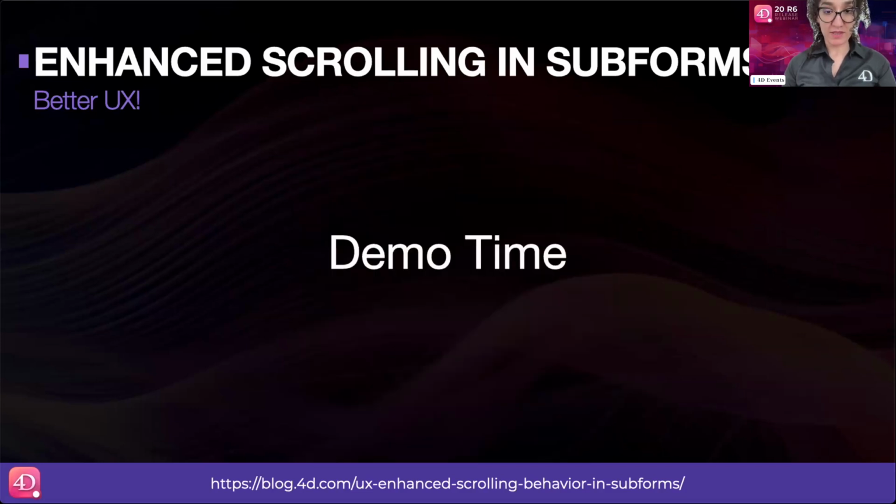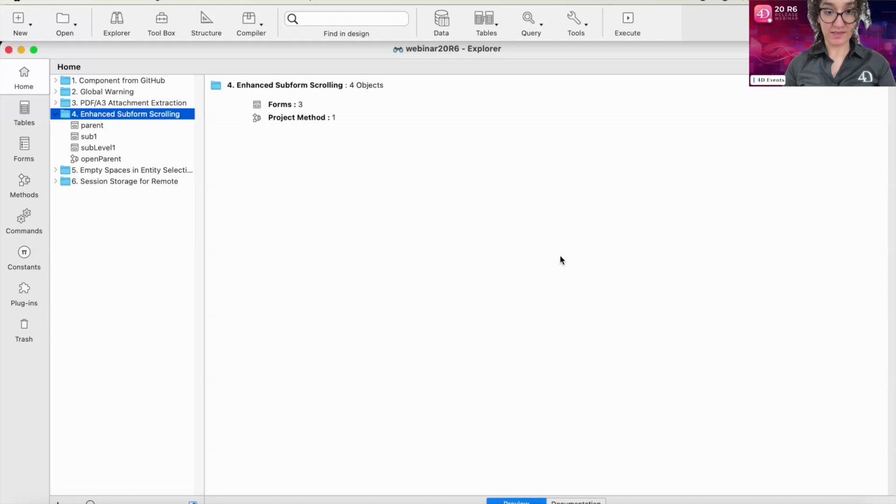Okay, maybe we can see this demo in action. So up until version 20 R5, managing scrolling using the mouse button or a trackpad could sometimes lead to freezes when a subform itself contains scrollable objects like text, lists, or images. So let me show you what I mean.